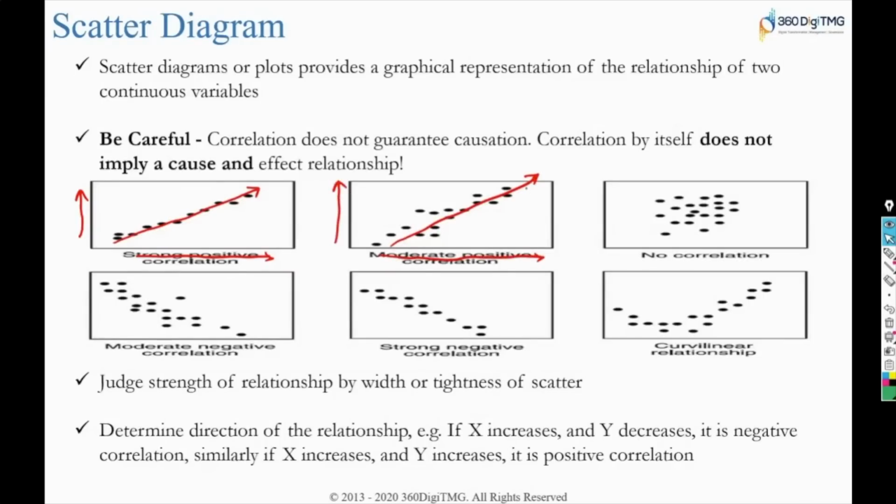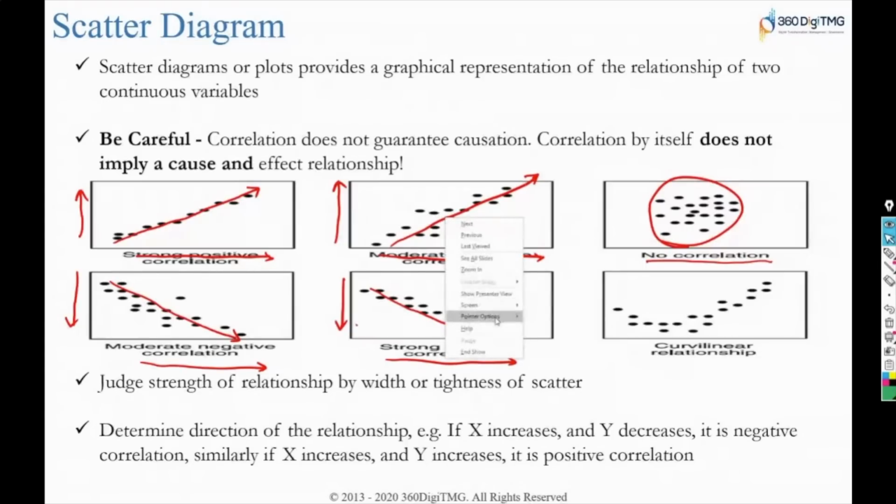So this is also positive. Here there is no correlation. Here there is negative correlation. As you go along this direction, it's decreasing. Here also, as you go along this direction, you're decreasing. Negative correlation.